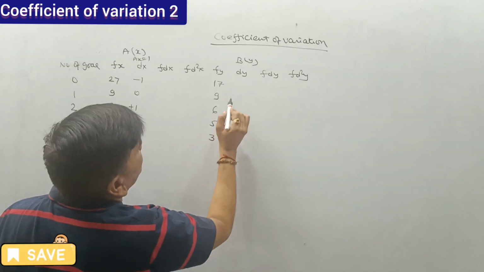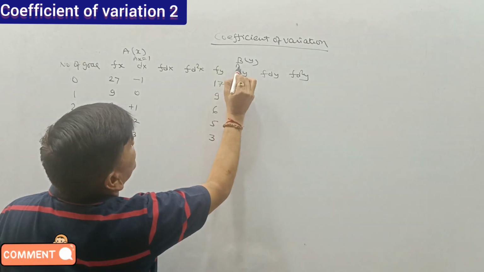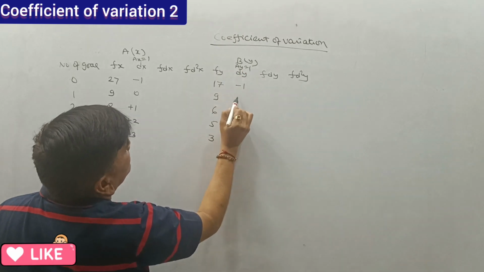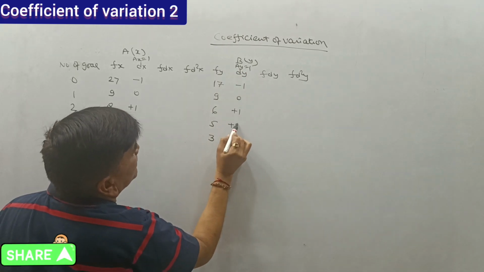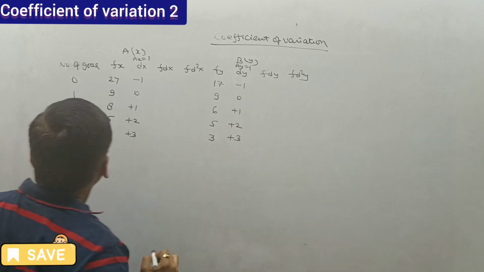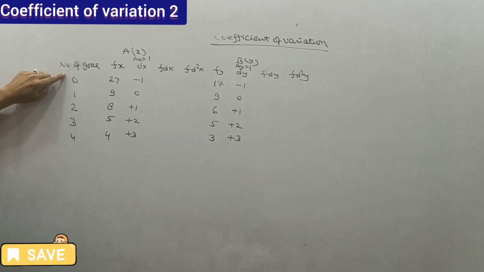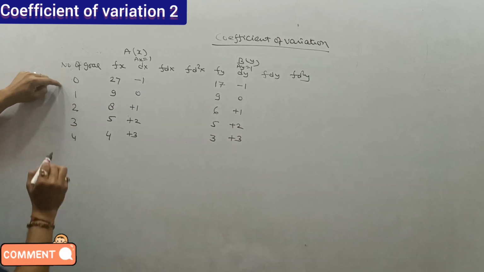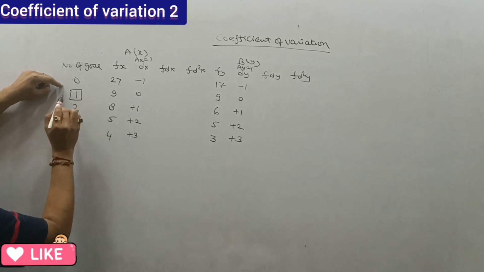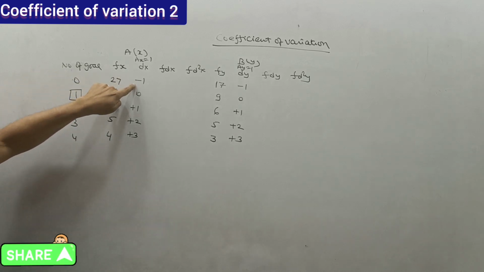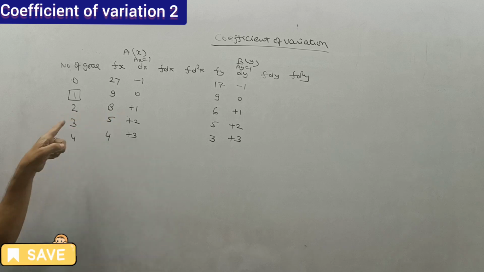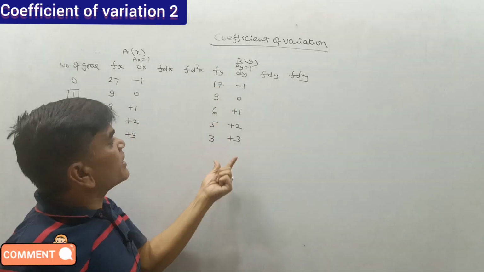Here also we use the same. Assumed mean of y is also 1. These are the values of x, we assume 1 goal, so 0 minus 1, 1 minus 1, 2 minus 1, 3 minus 1. Similarly we have done here.